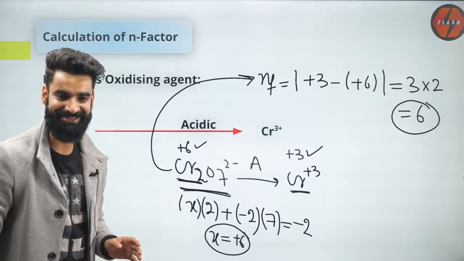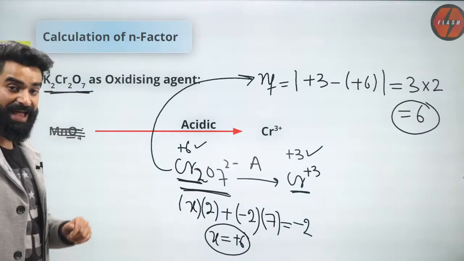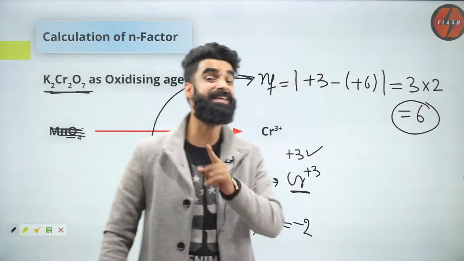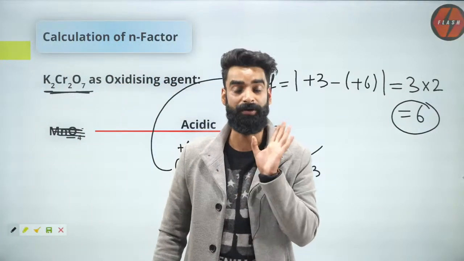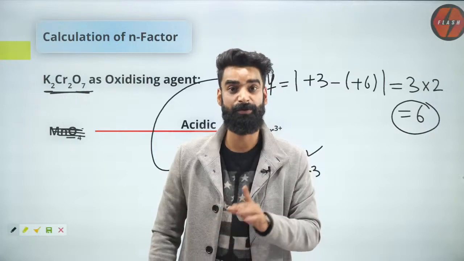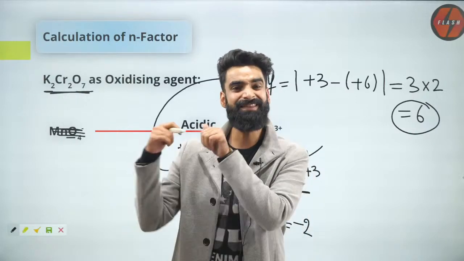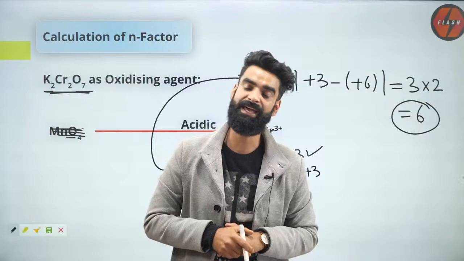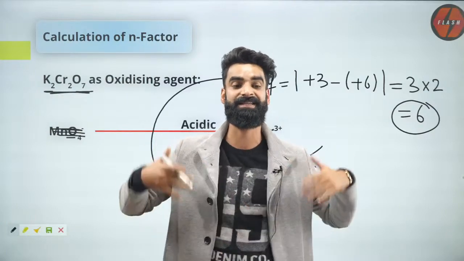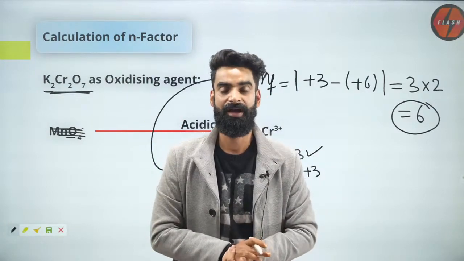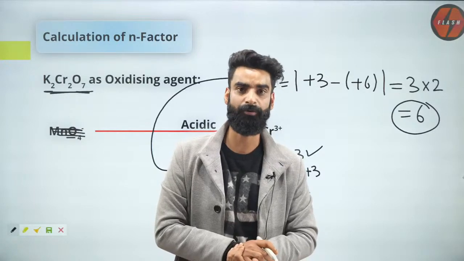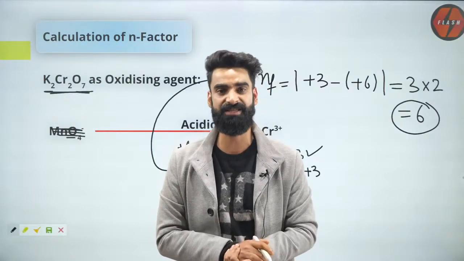Okay, great. I'm moving ahead. Like your KMnO4, the potassium permanganate, which was a strong oxidizing agent, this K2Cr2O7 is again a strong oxidizing agent. Now we have to check its reactions.